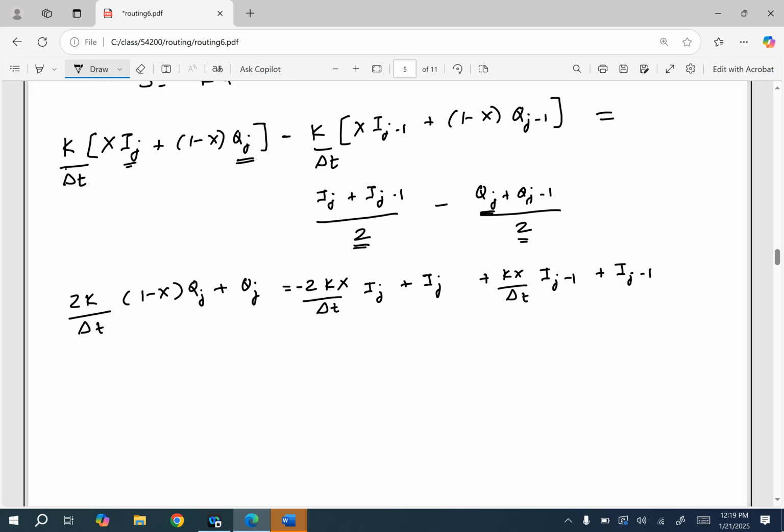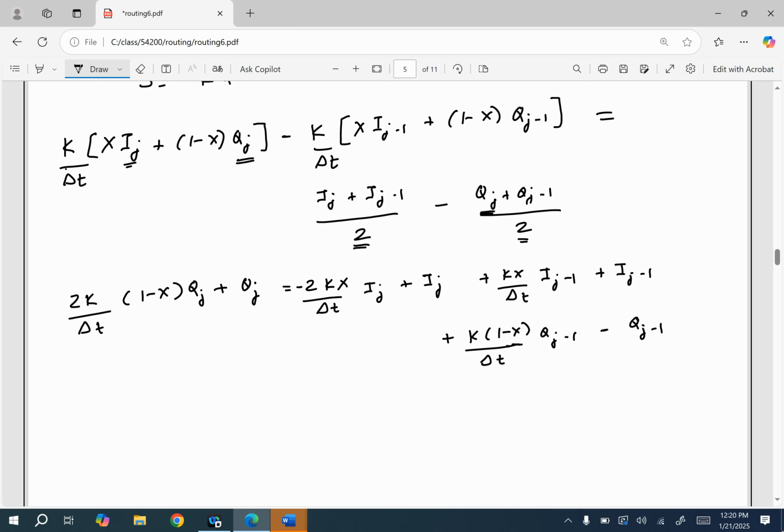And then we have Qj minus 1. So Qj minus 1 is negative on this side, so that will be positive k(1 minus x) over delta t, Qj minus 1, and then we have negative Qj minus 1 on the right hand side, so we have Qj minus 1.